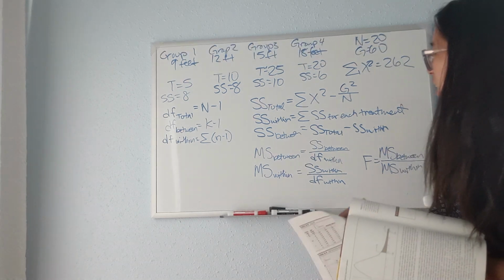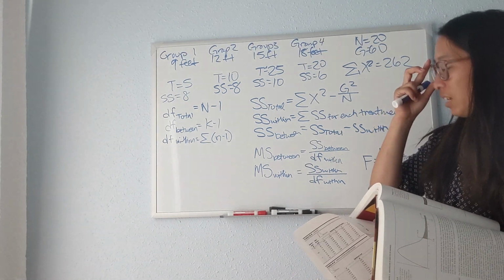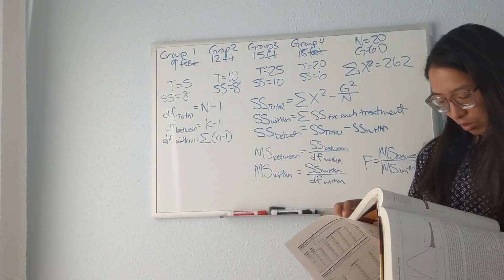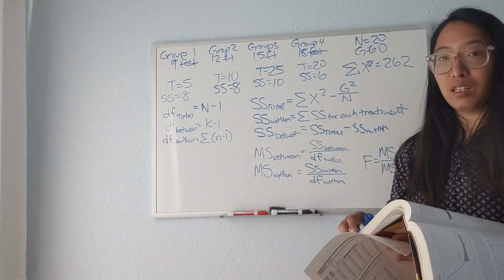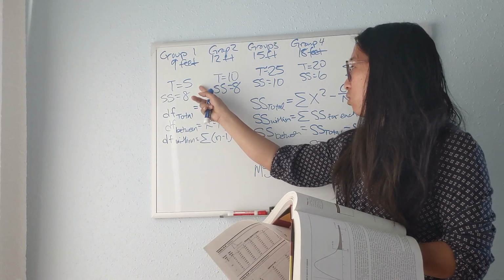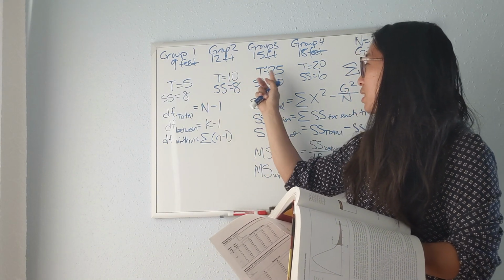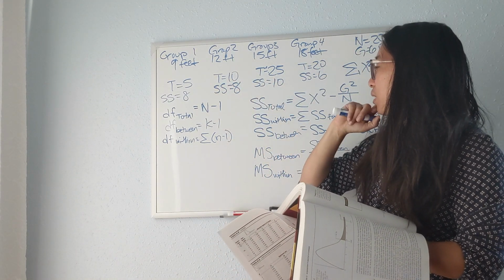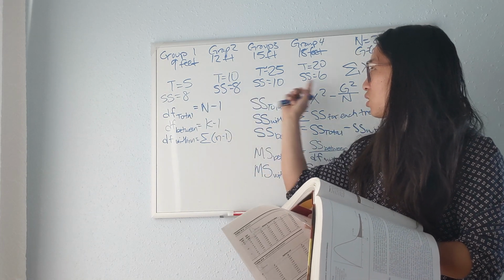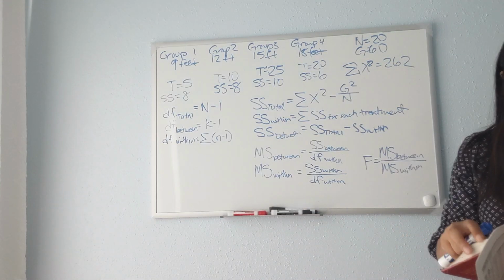In the table, you can already see that some things are calculated. The treatment totals are already calculated for each group, so that's T. The sum of squares is also calculated for each group.